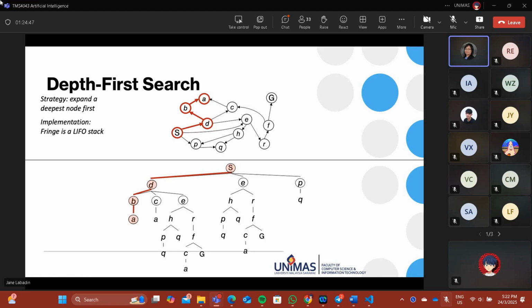Then obviously the next one would be C, then you expand down. Then you go E, then you expand down. Expand and expand, right? Then if you still haven't reached the goal, you go to the next one, finish that branch and move to the next one, and then downwards.